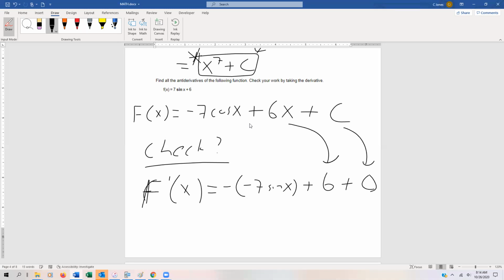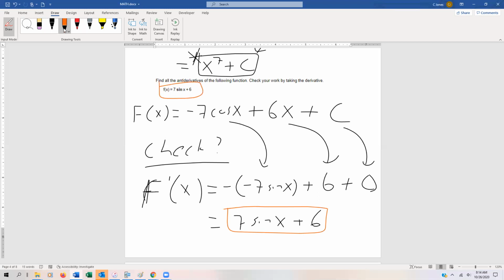Negative times negative is positive, 7 sine x, and then 6 plus 0 is 6. And notice that 7 sine of x plus 6 is the same as 7 sine of x plus 6, so this is our correct antiderivative.